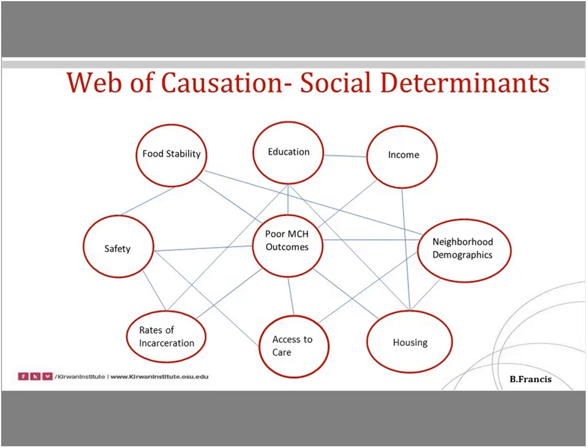Not even fresh fruits and vegetables, access to food in general. Education, whether maternal education or paternal education, income, neighborhood demographics, stable housing, access to care as it relates to prenatal care. We have to start thinking about how these things move in tandem, and that if we're developing programs and only addressing one pillar of this web, the others can still contribute to poor MCH outcomes.